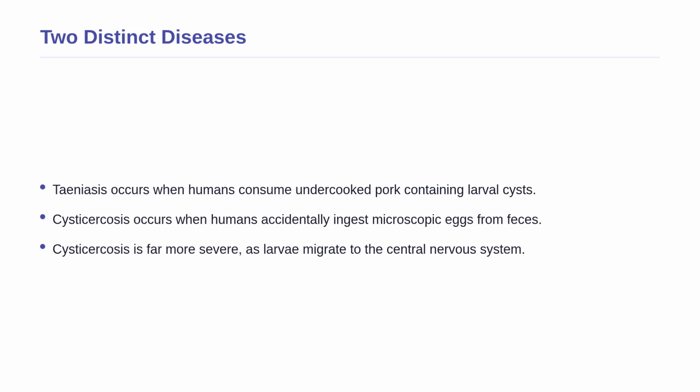However, if humans accidentally ingest the microscopic eggs shed in human feces, a much more severe disease occurs. The larvae hatch in the stomach and migrate to various tissues, including the central nervous system, causing cysticercosis. This distinction is absolutely critical for medical diagnosis and treatment.